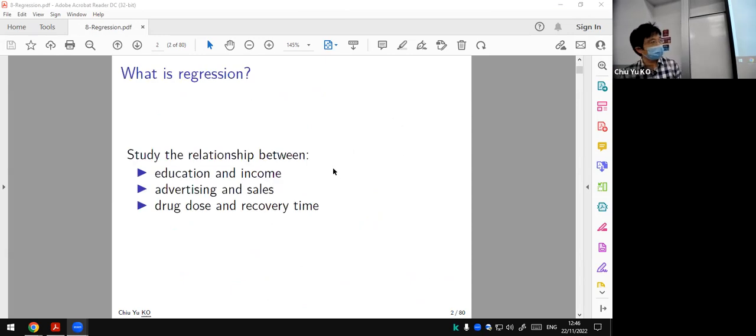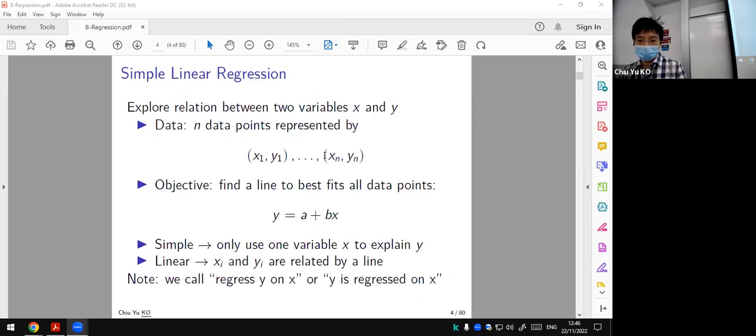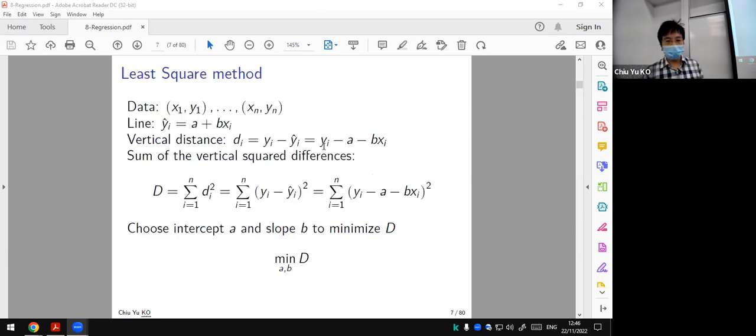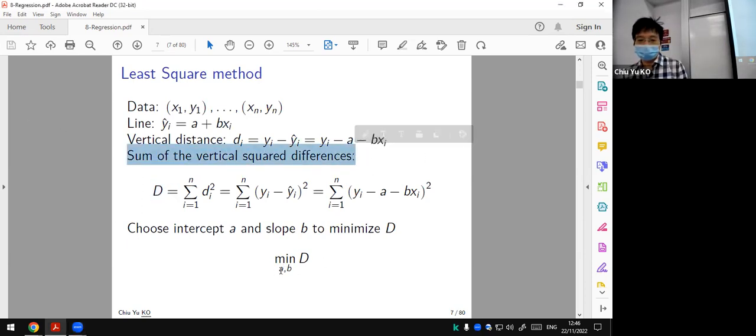If you go back to regression, we study how variables are related, mainly with the scatter plot, where we want to find the best fit line. The least squares method minimizes the vertical squared difference, so that is the main meaning. And we figure out the intercept and slope.